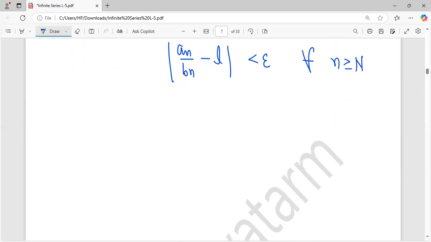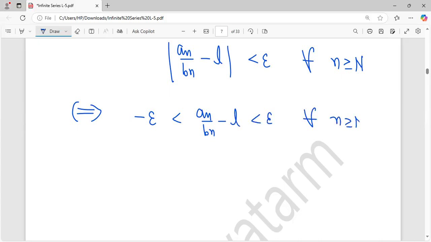So what is the meaning of this? It is if and only if minus epsilon is less than a_n upon b_n minus L, which is less than epsilon, for all n greater than capital N. Now again solving this, what we will get?